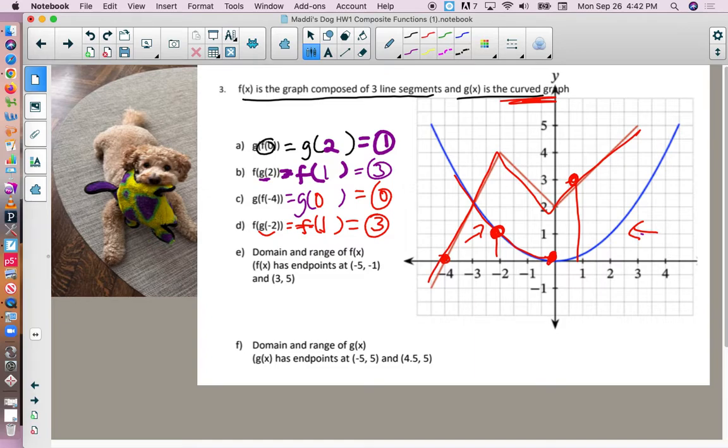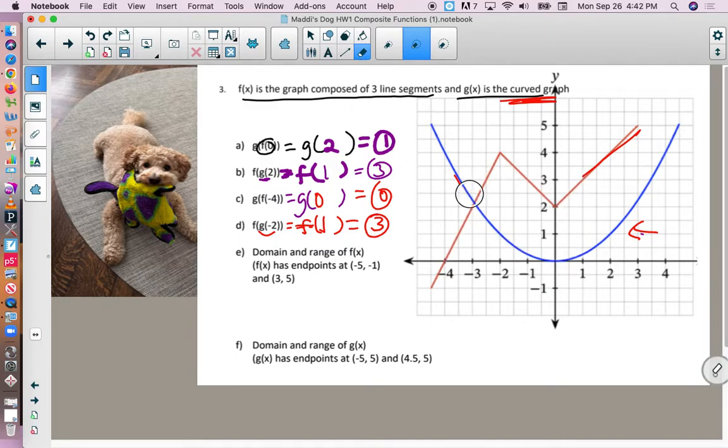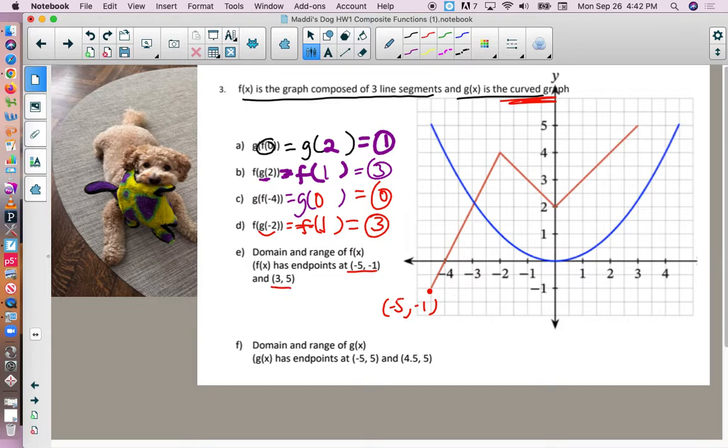Write the domain and range of F of X. They've kind of given it to us here, at least the domain. All right, so it tells me that F has endpoints at -5, -1, and at 3, 5. Right here.